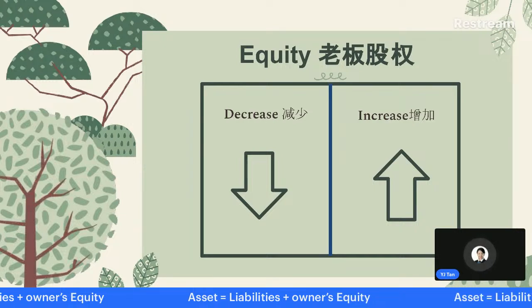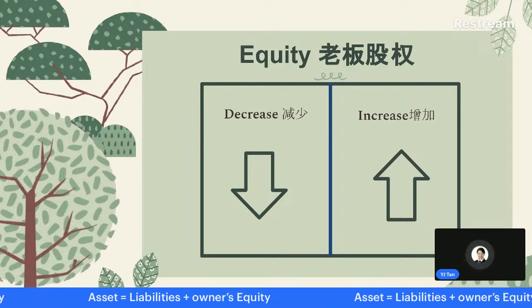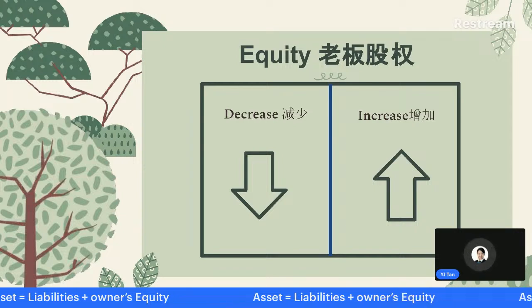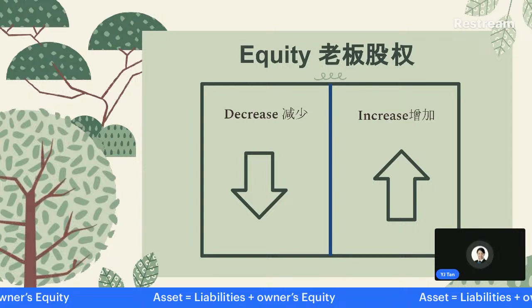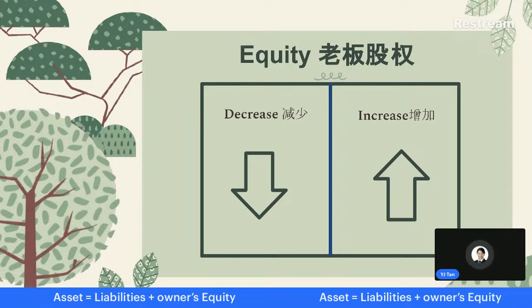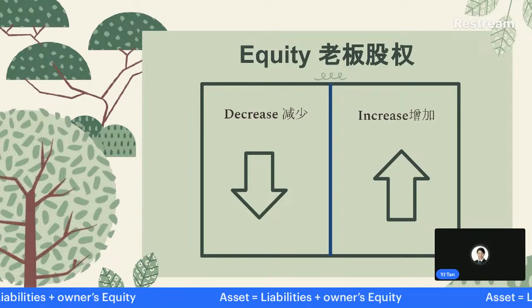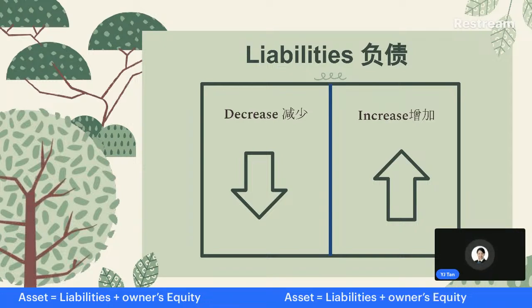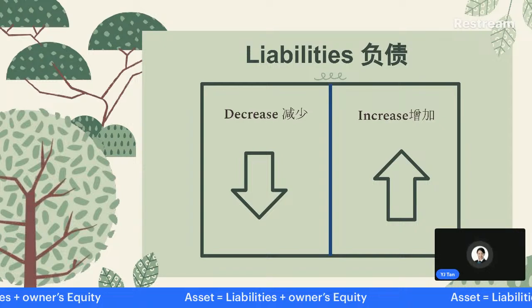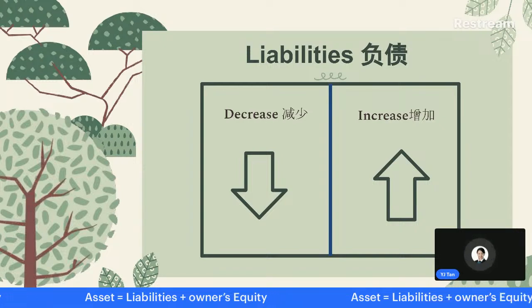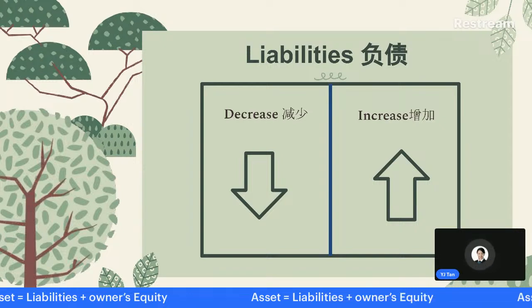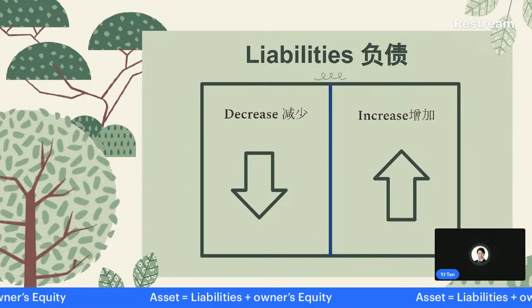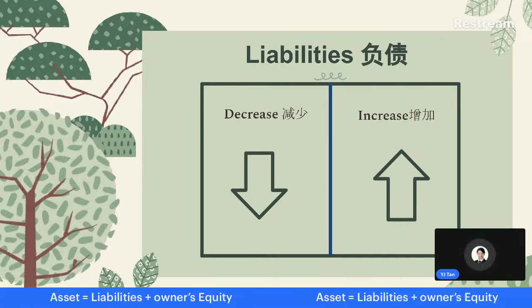And when the owner's equity of a business is increased, then you have to record it on the credit side, which is on the right, or vice versa. Liability is the same concept because liability and equity are on the same side. So when the liability is increased, you have to credit, which is on the right.